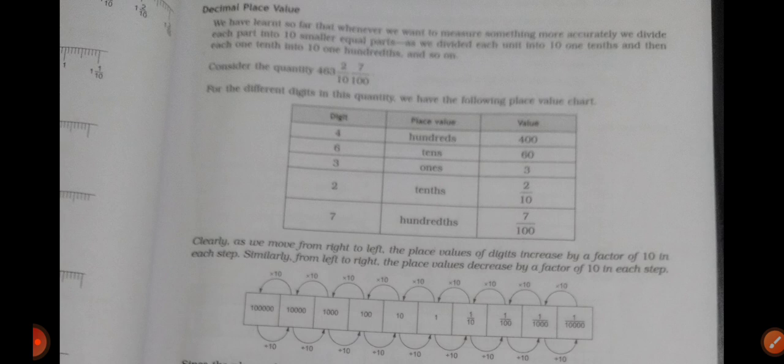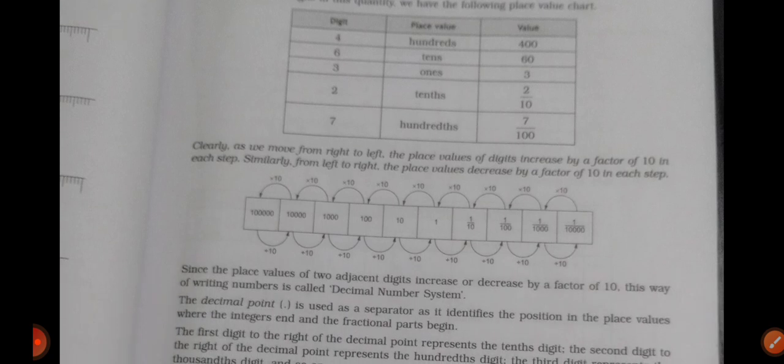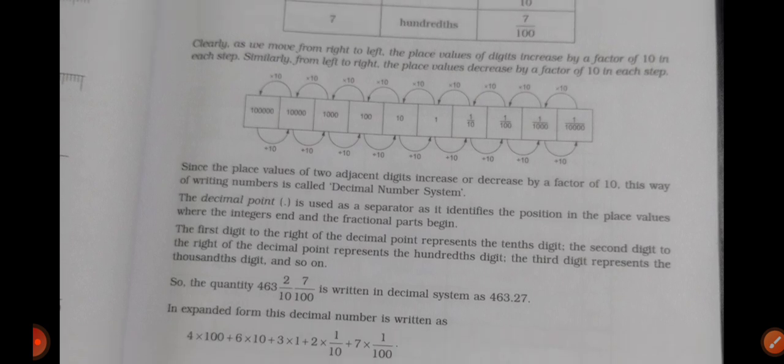For the different digits in this quantity, we have the following place value chart. 4 hundreds equals 400, 6 tens equals 60, 3 ones equals 3, 2 tenths equals 2 by 10, 7 hundredths equals 7 by 100. Why? Because as we move from right to left, the place value increases by a factor of 10 in each step.